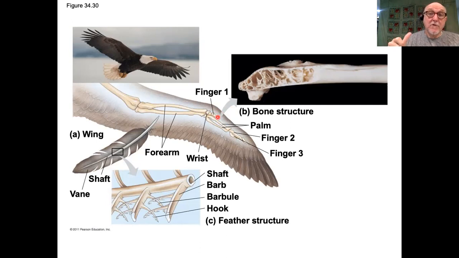It has its own little group of feathers associated with it, and it's very, very important in the function of the aerodynamics of the wing, because it can be lifted out and in, rather like the flaps of a jet wing that are used to trim the flight of a fixed wing. So on the wing of a bird, this little thumb lifting like this can be used to trim the aerodynamics of the wing.